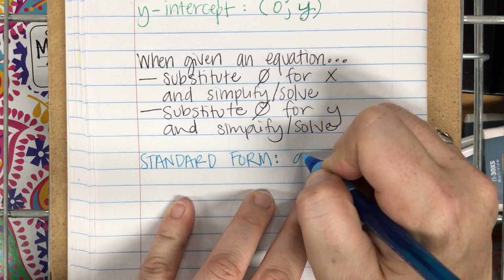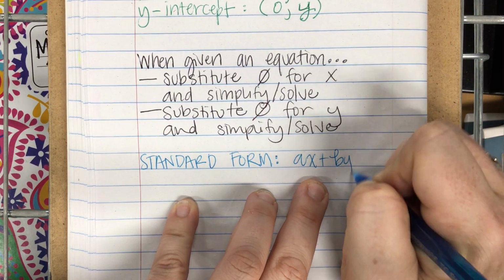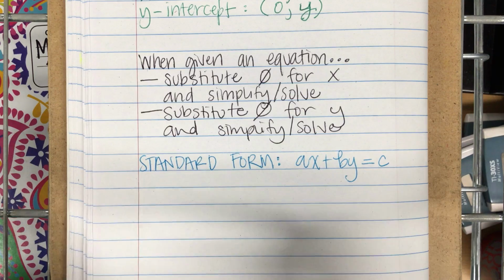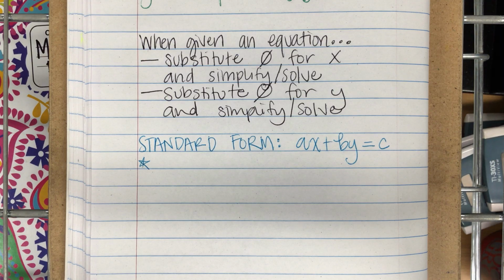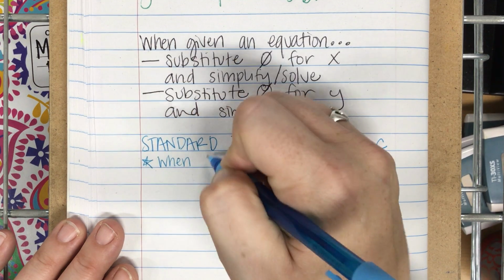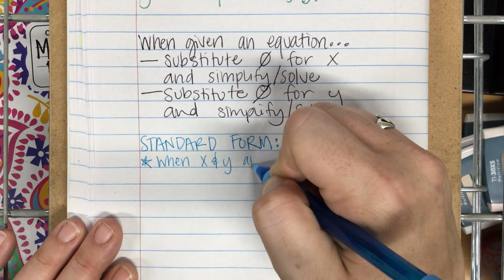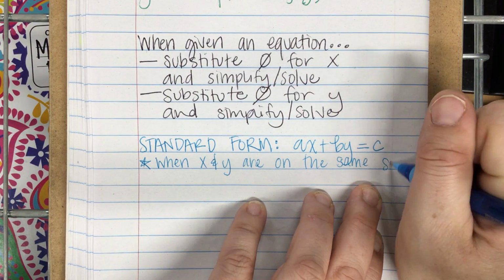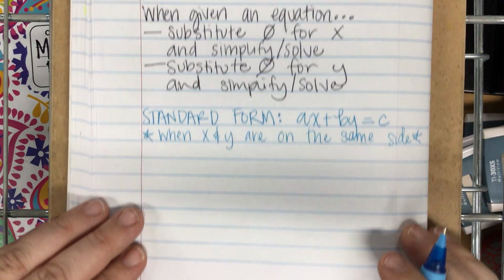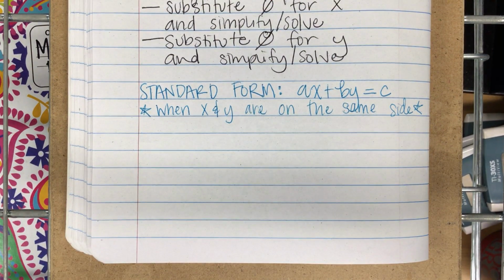Standard form is ax plus by equals c. It's when x and y are on the same side.